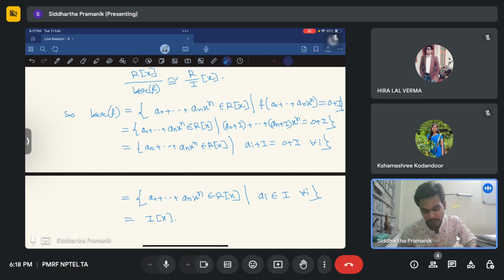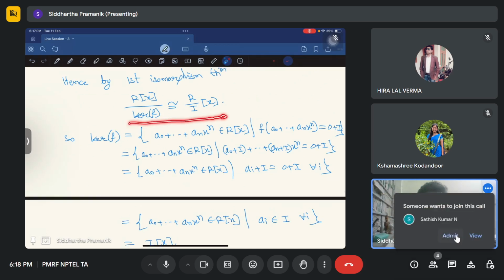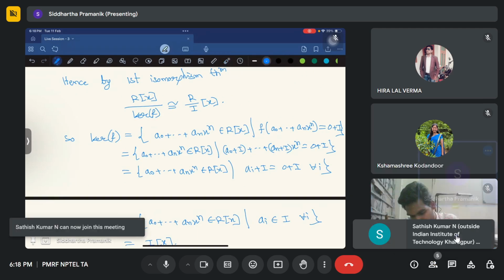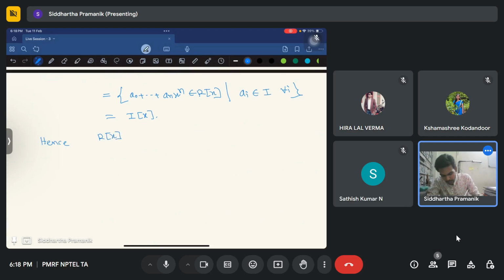So we all know that the kernel of a ring homomorphism is an ideal. And here our kernel is I[x]. So I[x] is an ideal. And in fact, R[x] mod I[x] is isomorphic to (R mod I)[x]. Hence, R[x] mod I[x] is isomorphic to (R mod I)[x].